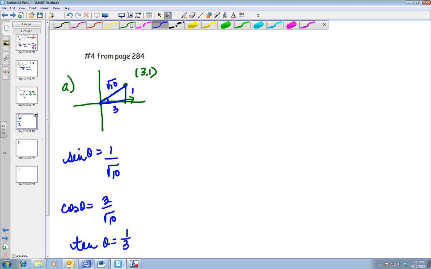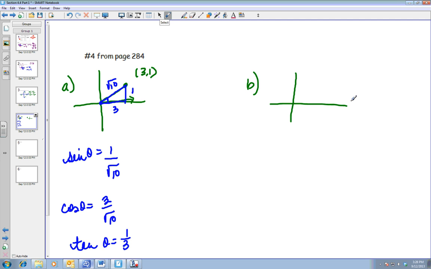Let's do part B. For part B, they gave me a different point. B is the point (2, -4). So basically what they've done is they started off with this initial side, went all the way around, and their point's right here. I'm going to draw my triangle, and then there's theta, and I'm going to label my sides.